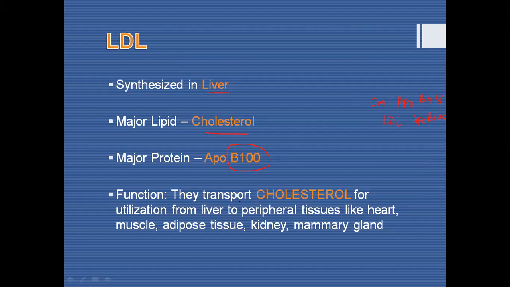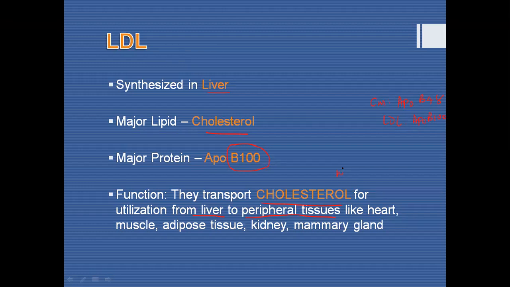Okay, what is its function? It transports cholesterol from the liver to the peripheral tissues such as the heart, muscle, adipose tissue, kidney, mammary gland, etc. Basically it circulates the cholesterol into various organs.